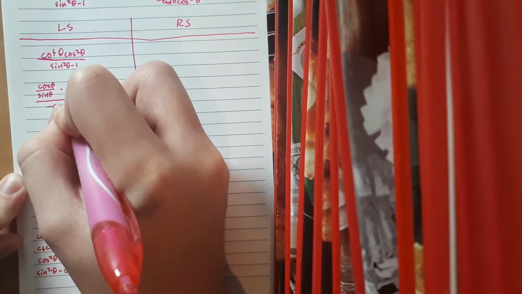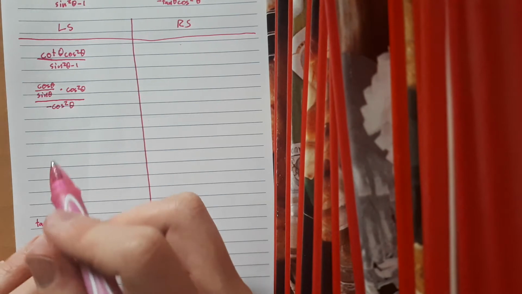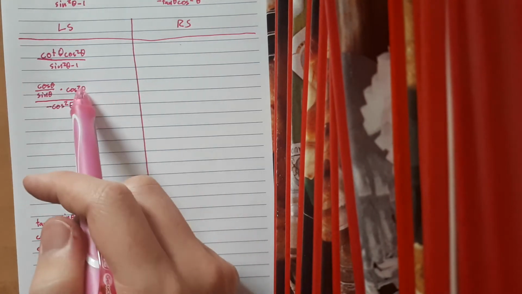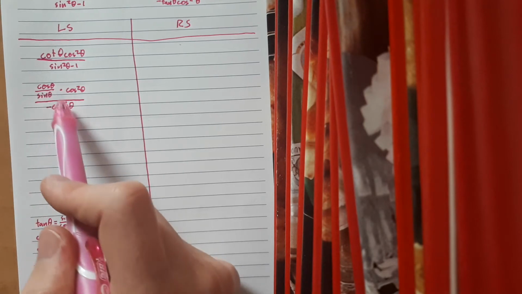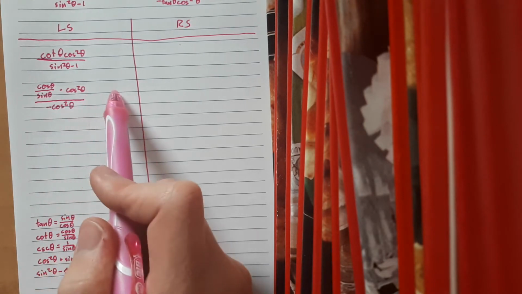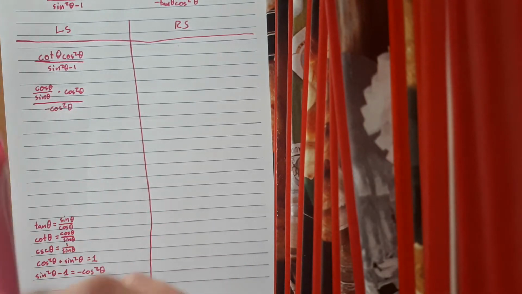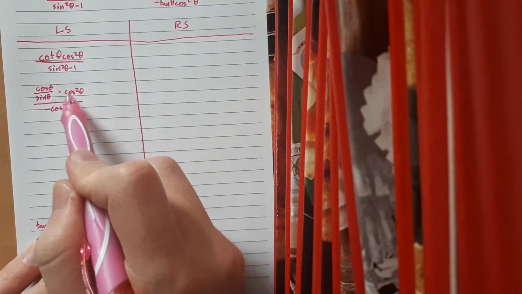Cos theta over sine theta times cos squared theta over negative cos squared theta. So next, we know that dividing by a fraction is equal to multiplying by the inverse. So let's do that. First, we're going to combine these together.